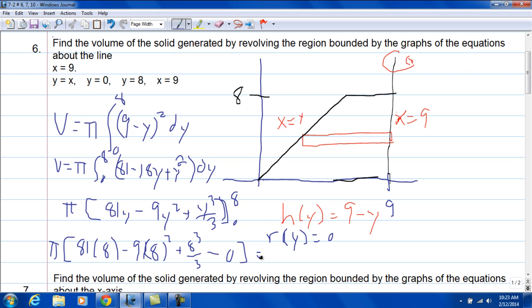The answer is 728 over 3 times pi. That's the pi right there. There's our answer. I hope that makes sense.